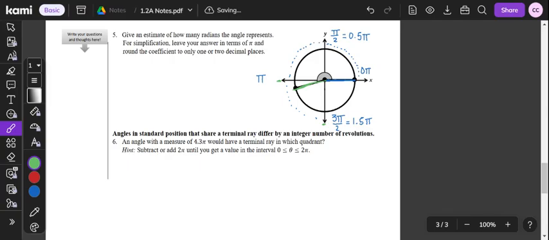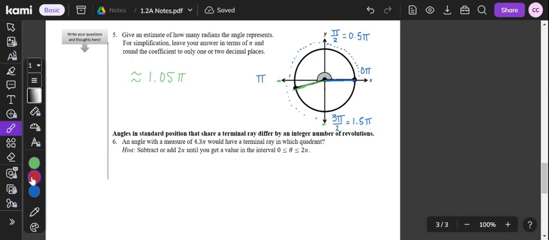I'm going to say about, and I'm going to use approximately, 1.05 pi. So just slightly above 1. Now, if you had a different estimate, that's fine as long as it makes sense. You don't want it to be anywhere near 1.5 pi.